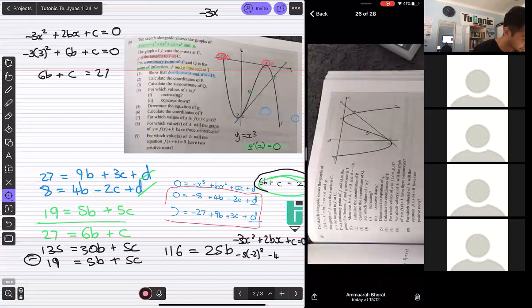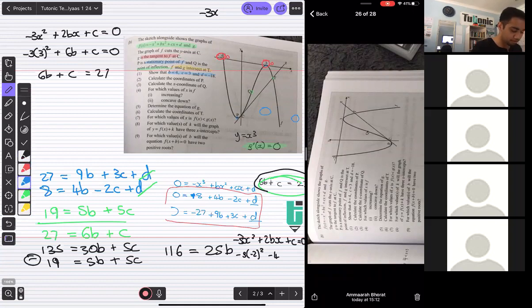Oh wait, sorry, it's minus 2 cubed, guys. There's the mistake. You guys see it's actually positive 8 because it's minus 2 cubed. So this is minus 8 if we take it over. Does everybody see that?